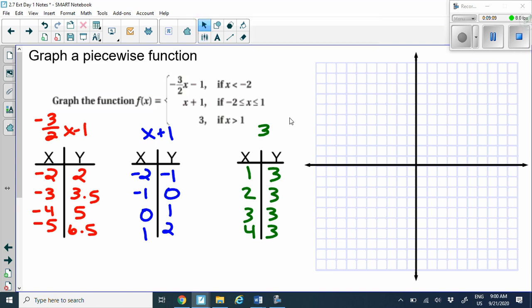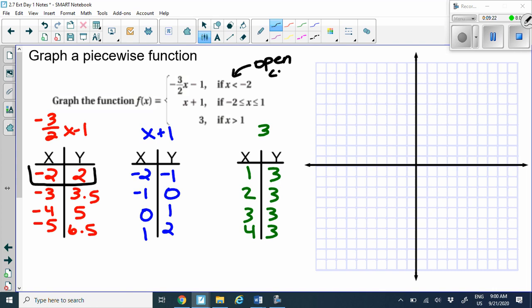So now let's go ahead. We're going to plot these points and figure out open and closed circles. Okay, the first point we're plotting is -2, 2. Notice it is no equal bars, so we're going to have an open circle. So I go to -2, 2. Okay, and then I go to -3, 3.5, -4, 5. Everything else is closed though, okay?